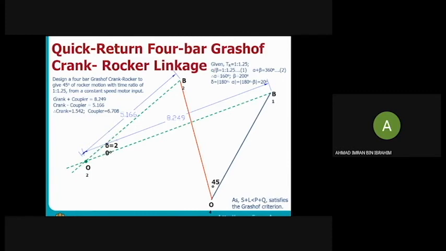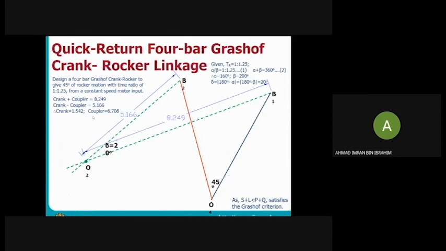So crank plus coupler should be equal to 8.249, and basically coupler minus crank here is equal to 5.166. So from here you need to find the value for crank and the value for coupler. You got two equations, two unknowns, then you can find the crank and coupler.